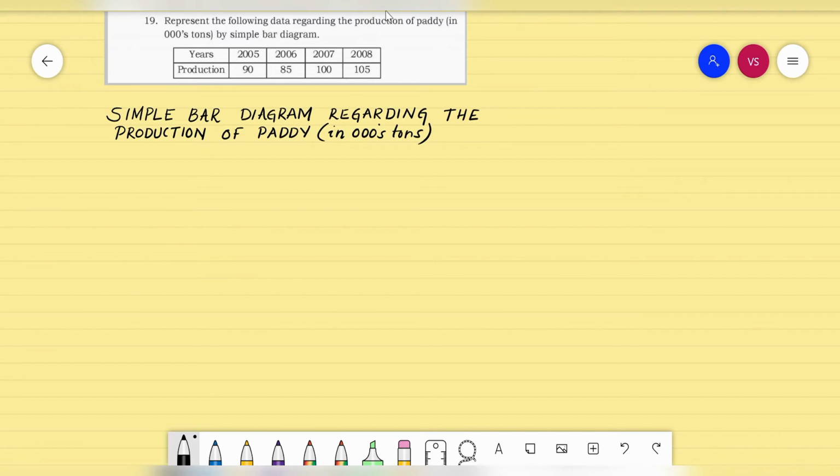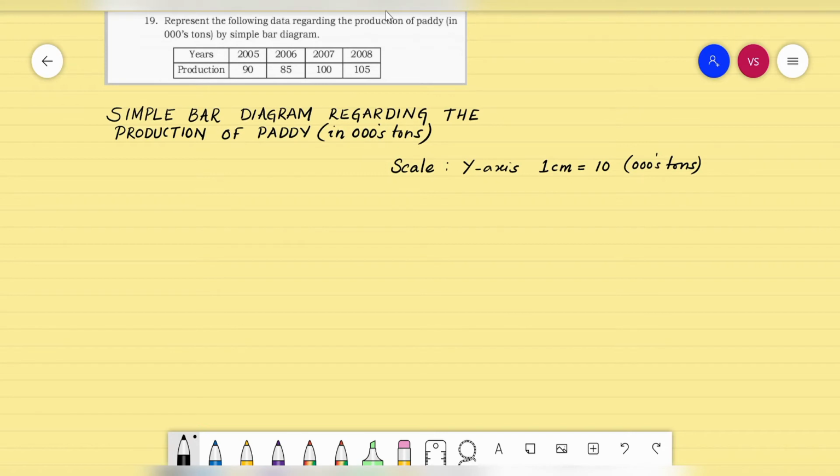That is why we take the scale for the y-axis. The scale should be written like this. I will take the scale as 1 centimeter equal to 10,000 tons. We'll put that in brackets. This is how we have to do it.